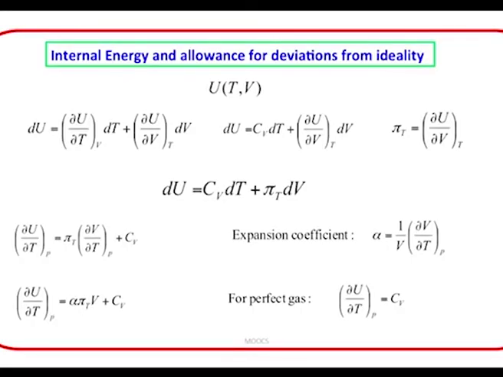So what we have discussed in this lecture is that for the equations that we have developed for the ideal gas or ideal cases, ideal solutions, whatever system we choose, the similar form of the equations can be retained, but some other factors can be introduced which allow deviations from ideality.